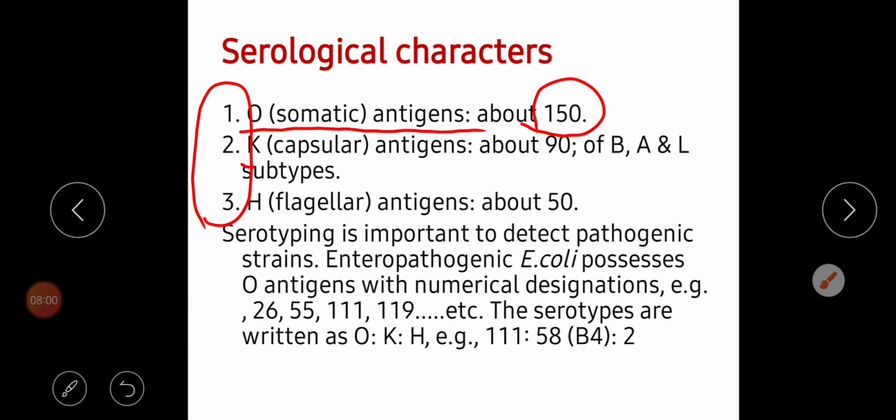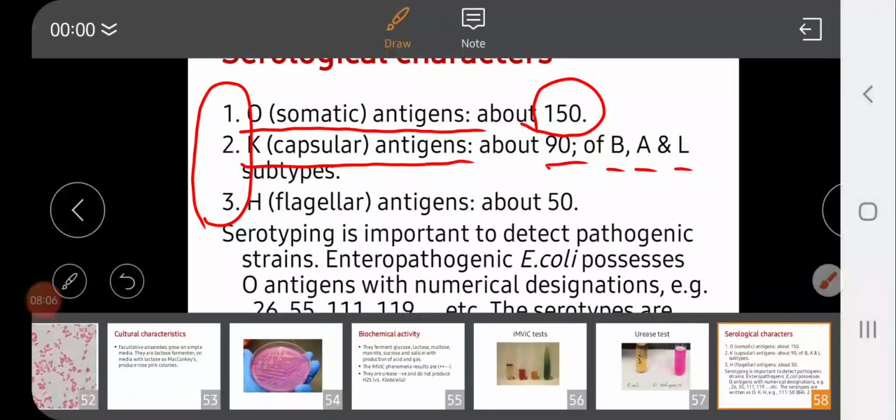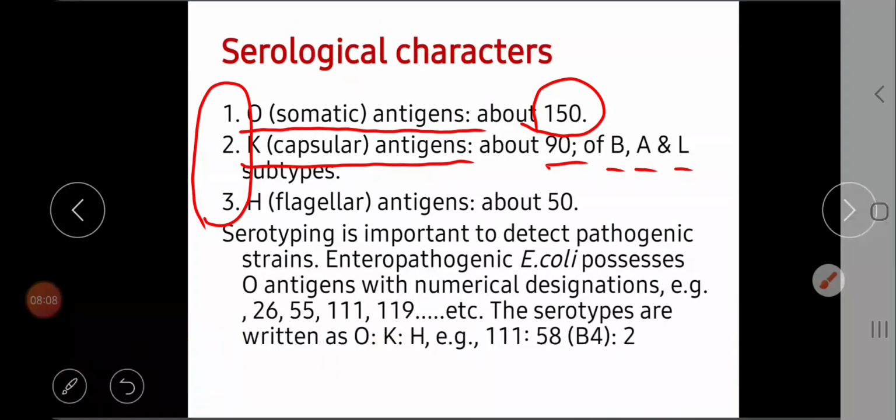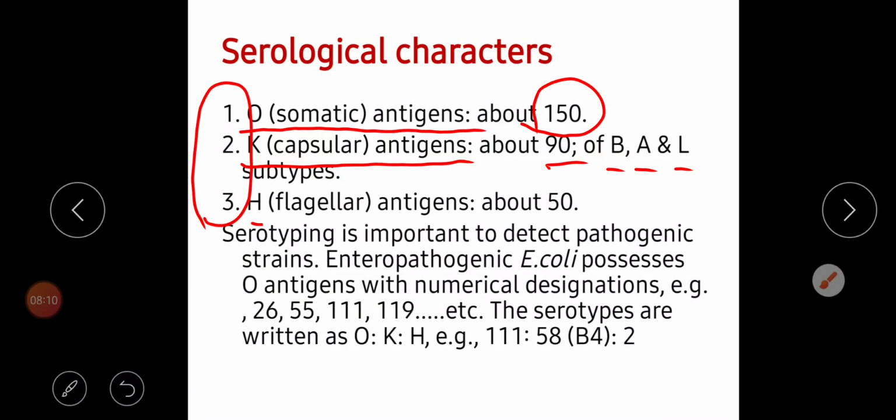Second is the capsular antigen, about 90 of A, B and L subtypes. And we have also a flagellar antigen, which is the H antigen, which is used for motility. We have about 50. Now, the importance of serotyping is to detect the pathogenic strains.